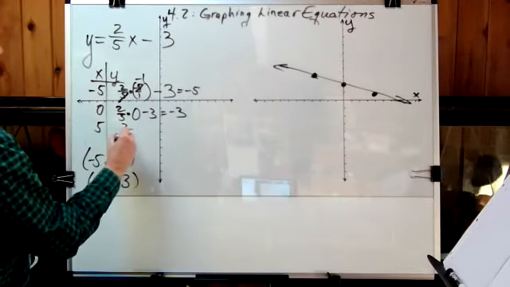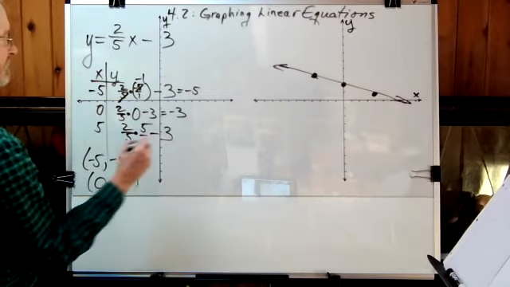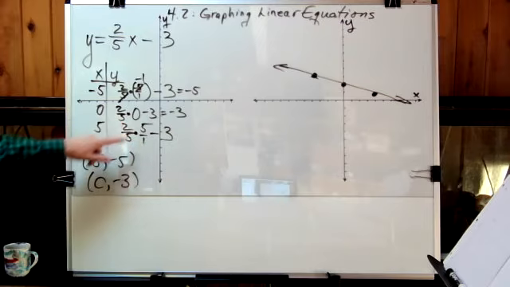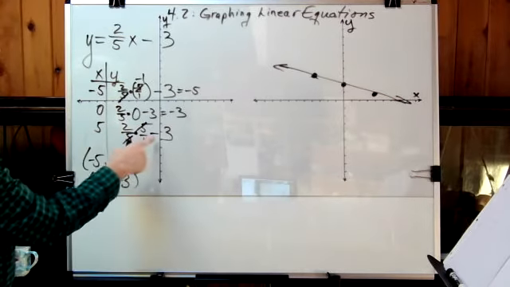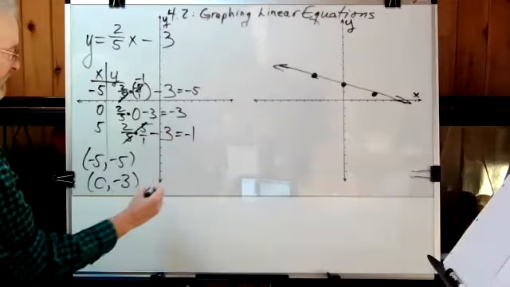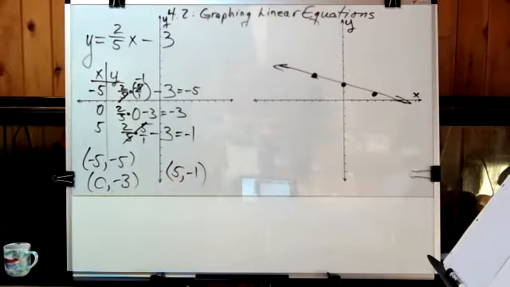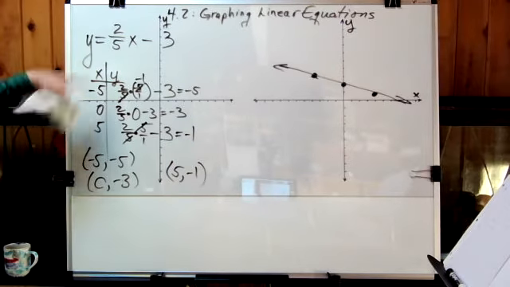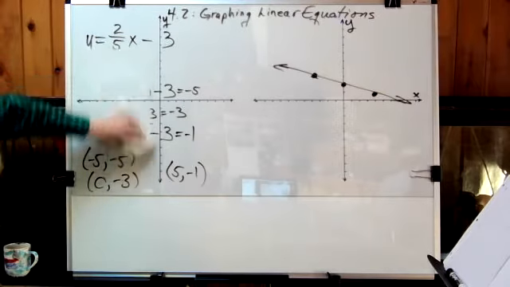And if I put in 5, again, the 5s here would cancel, but I'm left with the 2. 2 minus 3, a -1. Hoping those calculations are ones that you're comfortable with these days.